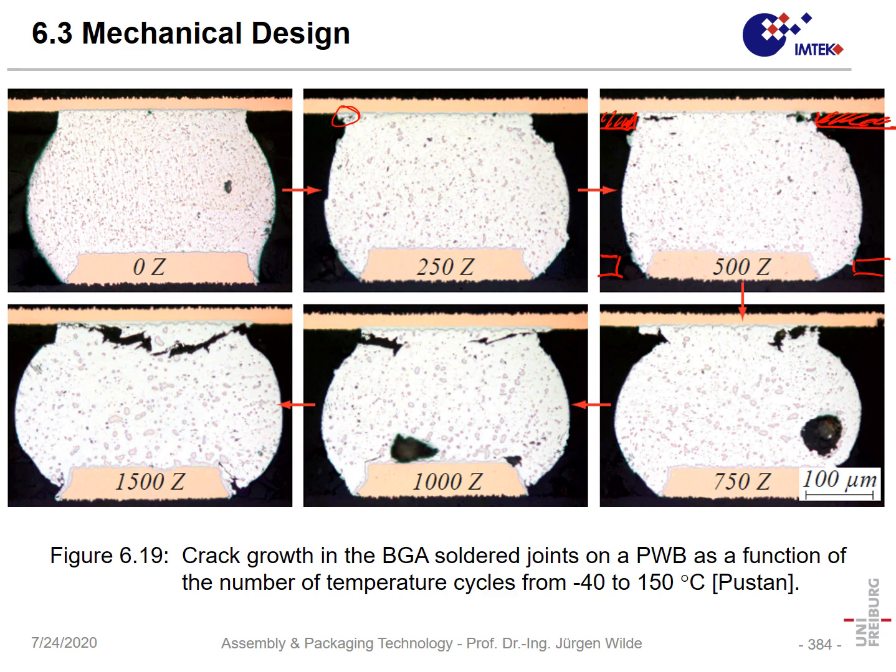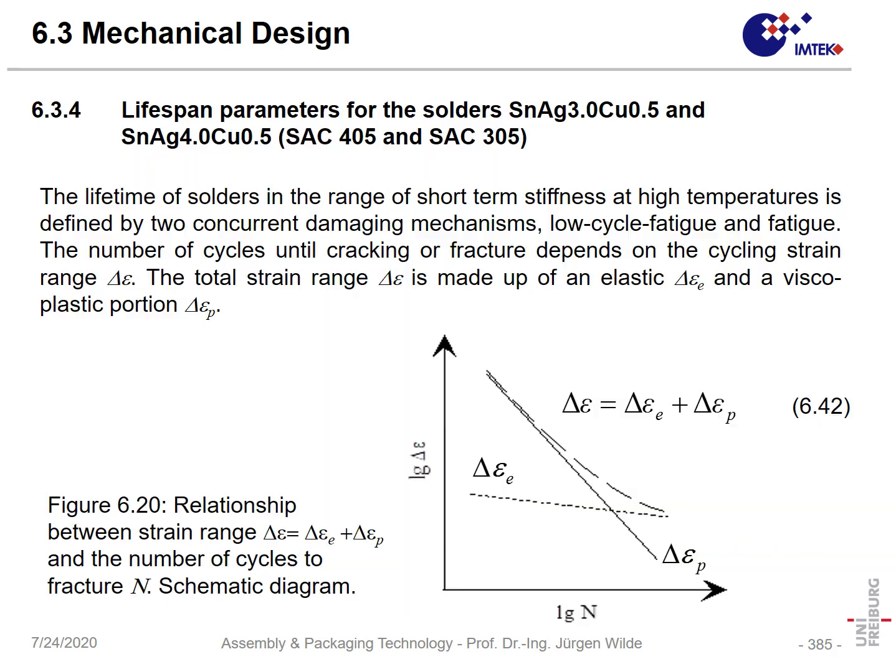So that's after 0 cycles, 250 cycles, 500 cycles. You can see the crack length is always larger. After 1,000 cycles, we have cracks which are almost through that ball, and at 1,500 cycles it is completely cracked. So what you can do is you measure the crack length as a function of the number of cycles, and that they have done.